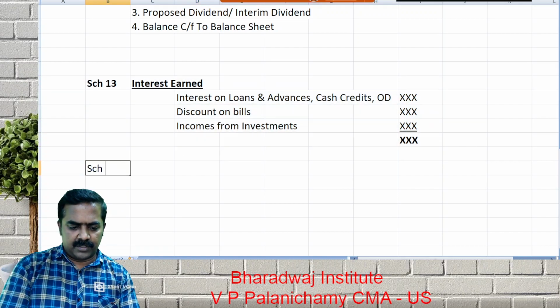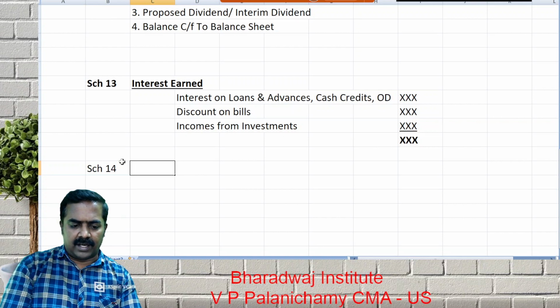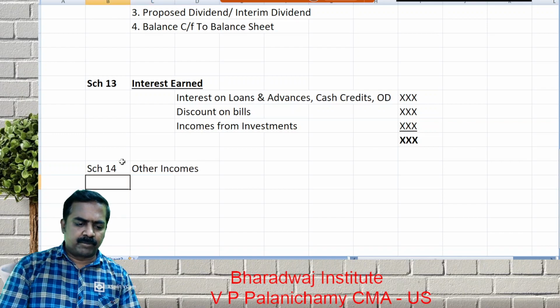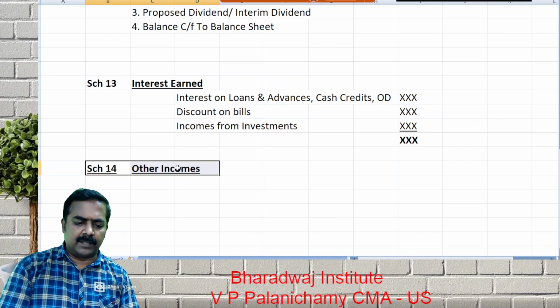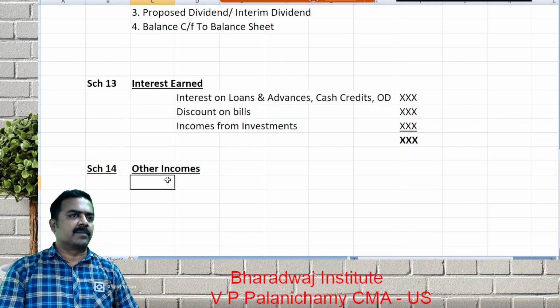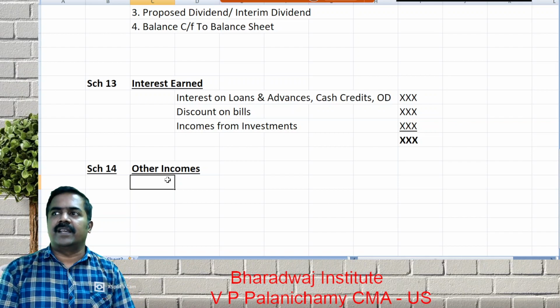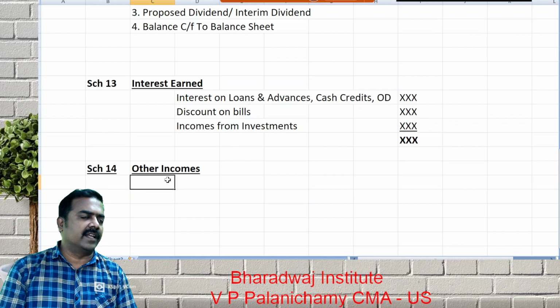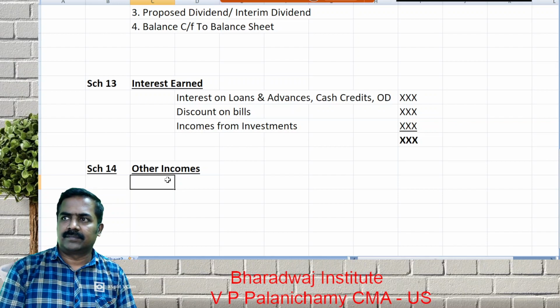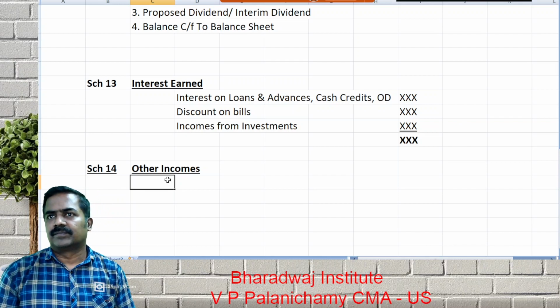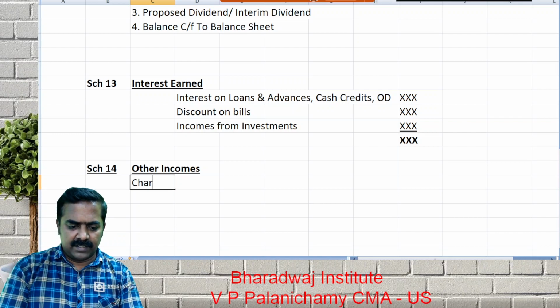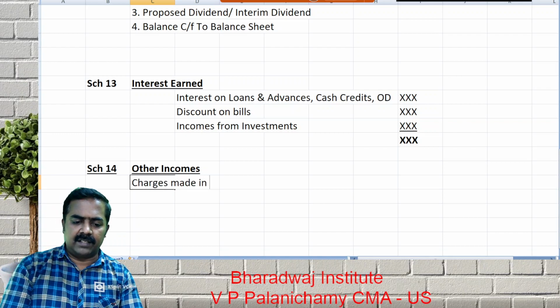Next, schedule number 14. Other incomes. These incomes are earned by the banker like an agent of the customer. They render some services, otherwise non-core banking services. Example: SMS charges, charges made in the account.